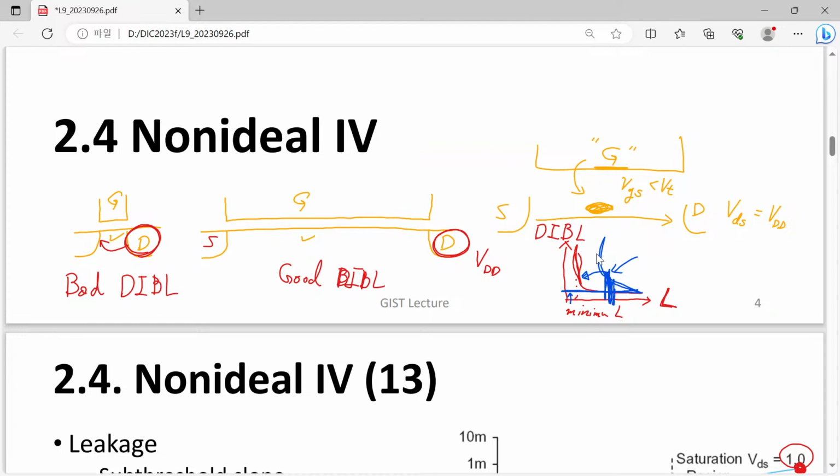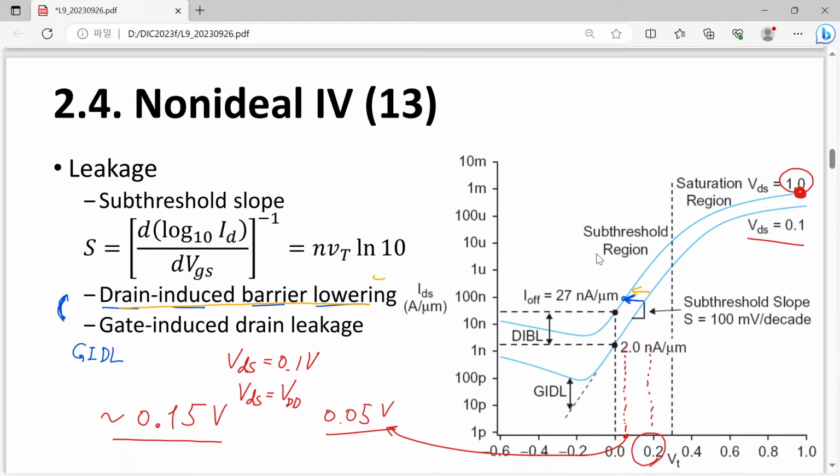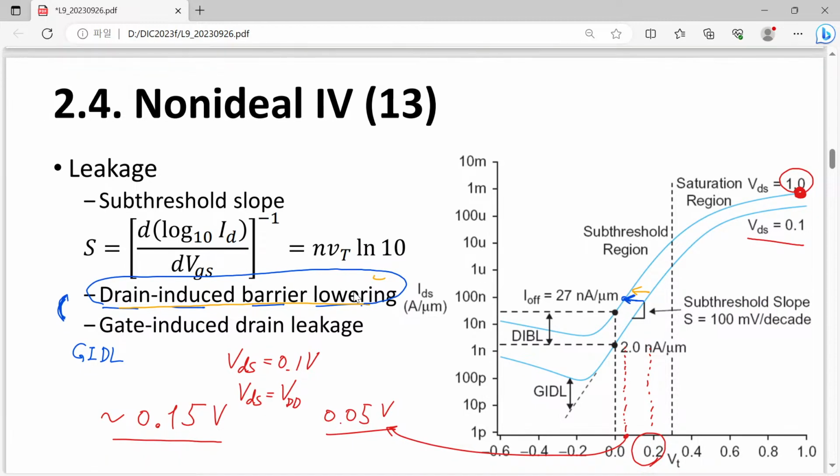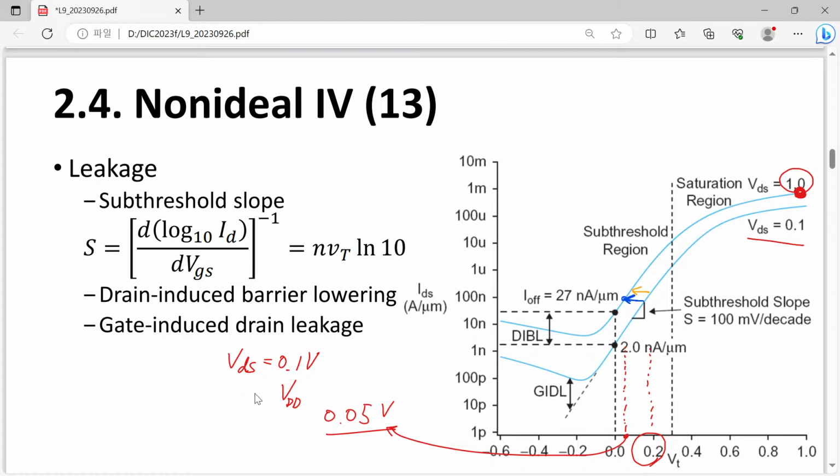Okay, so actually DIBL is a kind of showstopper. Showstopper means that it stops reducing the channel length. The channel length is actually limited by this DIBL. So the DIBL quantity is quite important, because it represents the controllability of our gate, or the competition between our gate and drain.